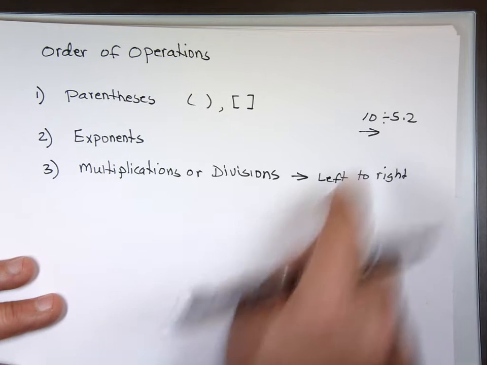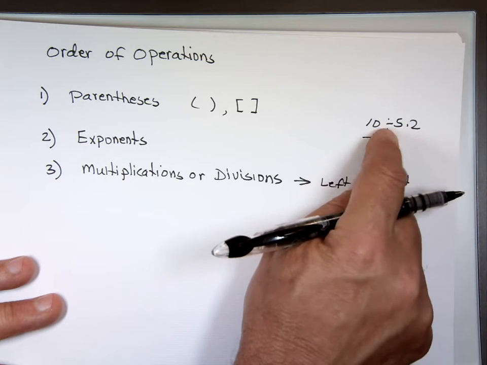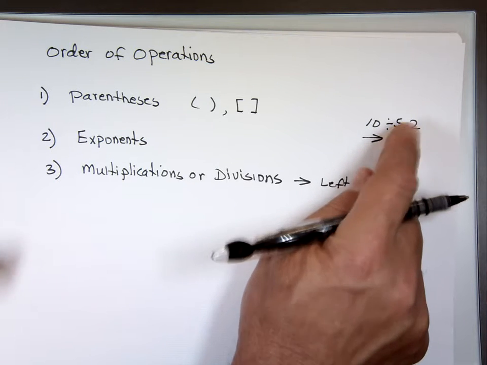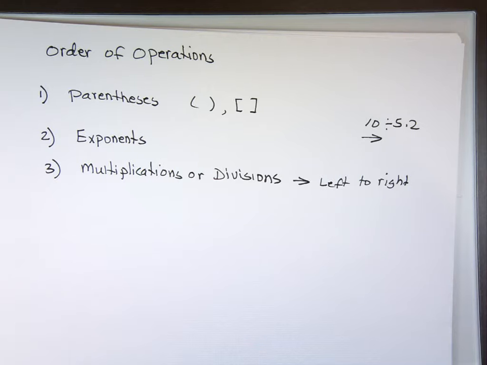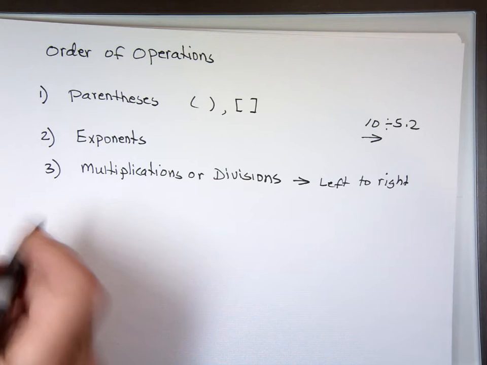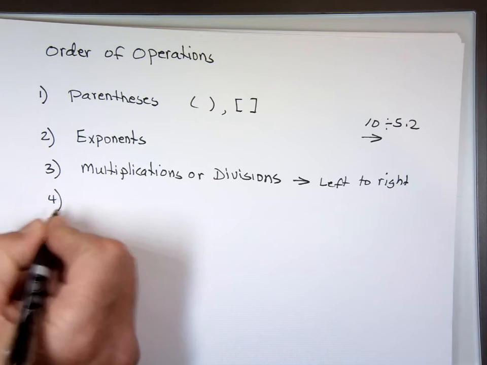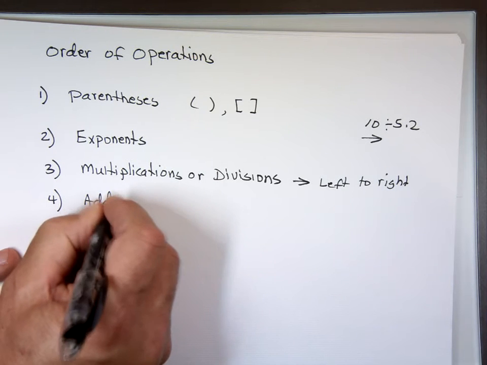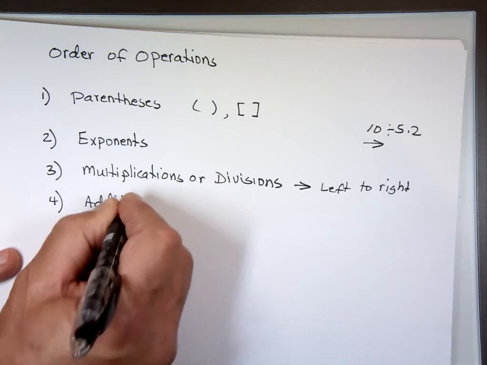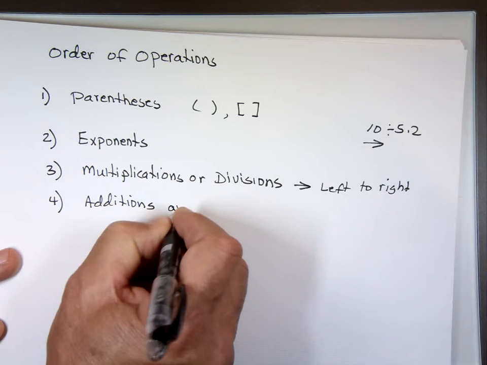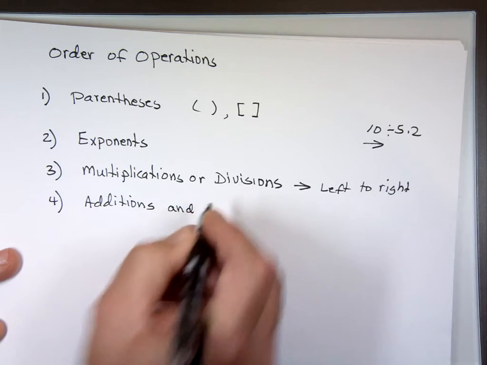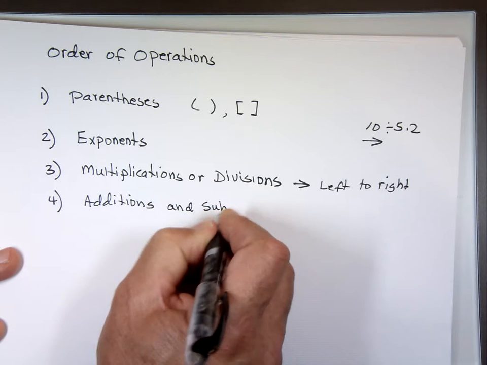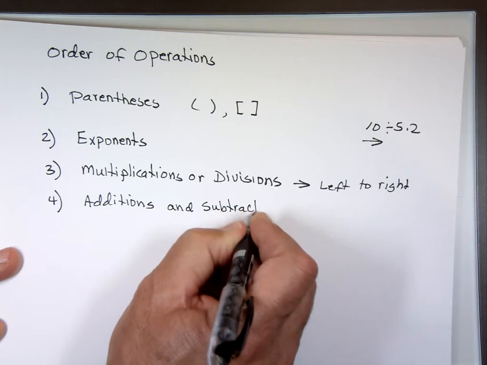So in this case, you'll do the division first, 10 divided by 5, which is what? 2 times 2, that's a 4. And the last one is what? Addition and subtraction. Again, you go left to right.